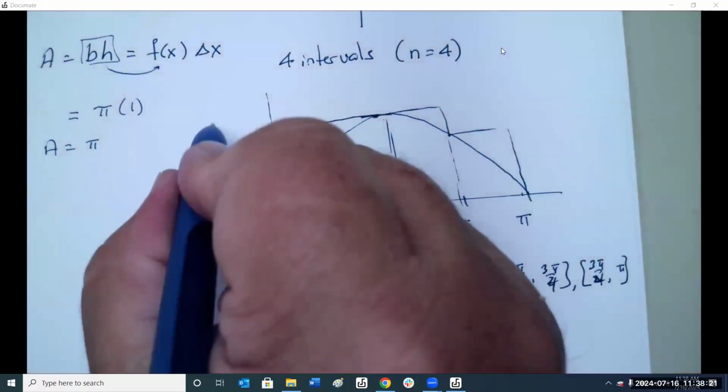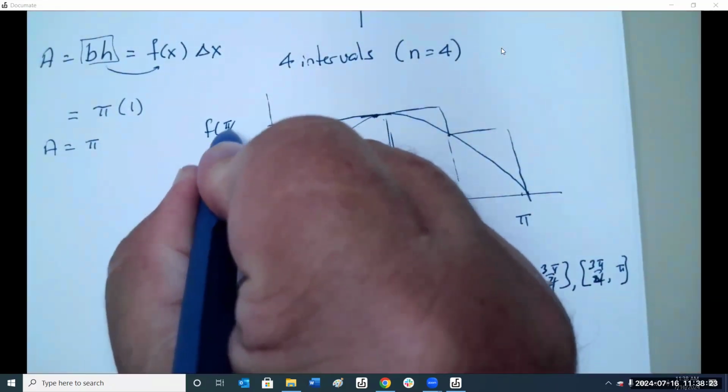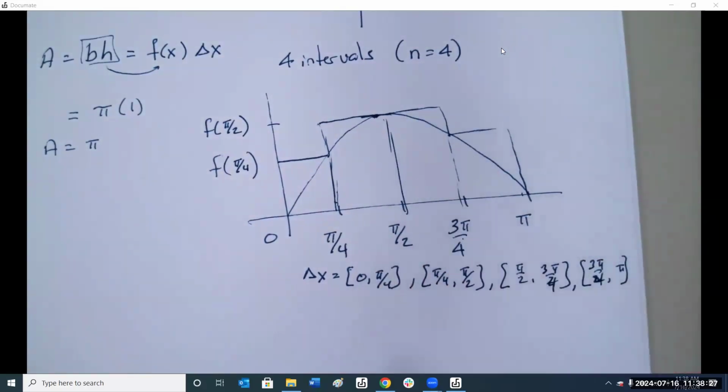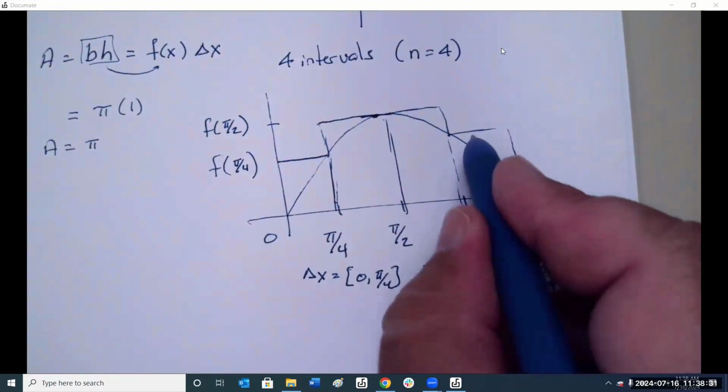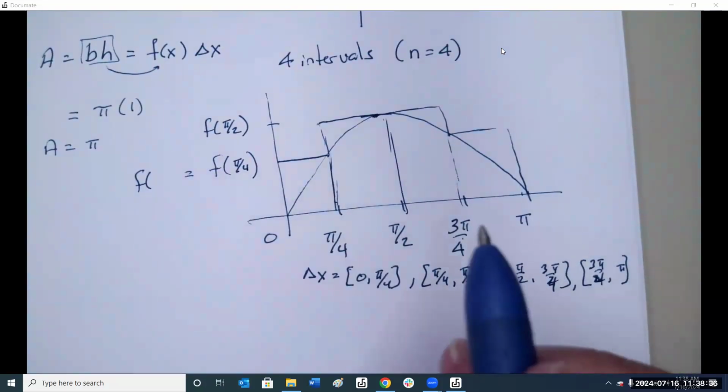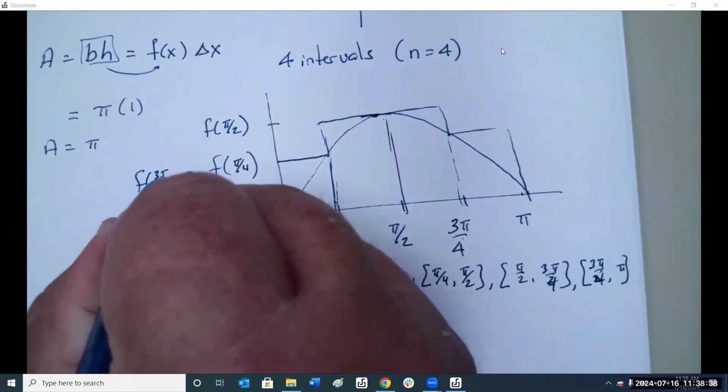The next one is at f of pi over 2. That next one is at f of pi over 2. And then the last one is at f of 3 pi over 4.